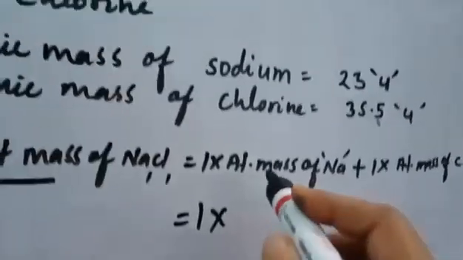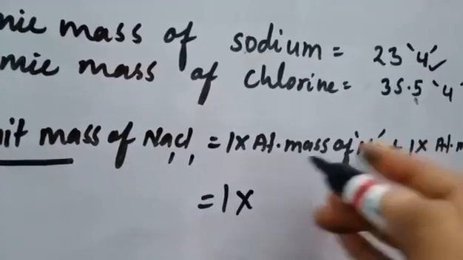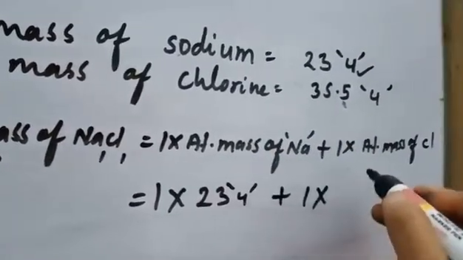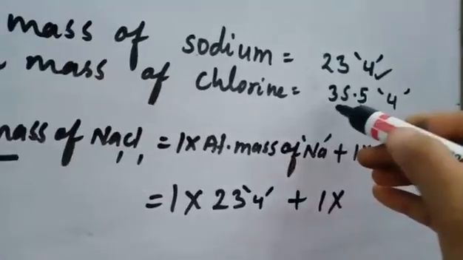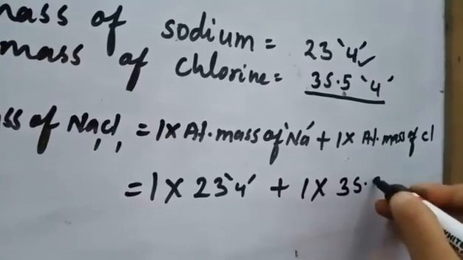1 into atomic mass of sodium is 23, 23u. So 23u plus 1 into atomic mass of chlorine. What is the atomic mass of chlorine? 35.5u. So 35.5.